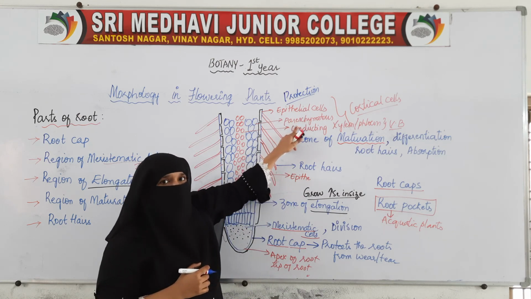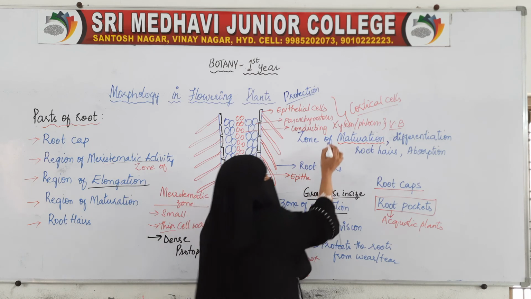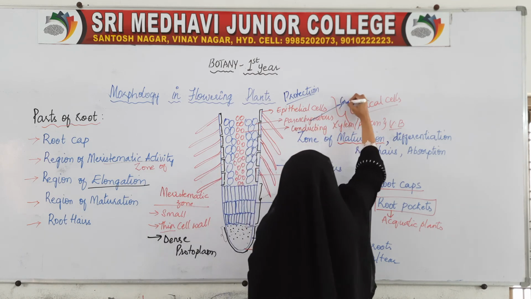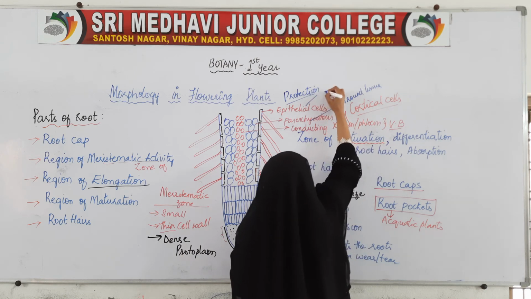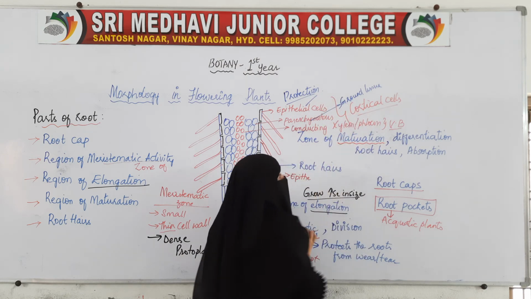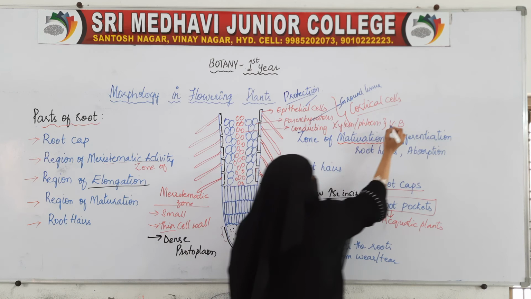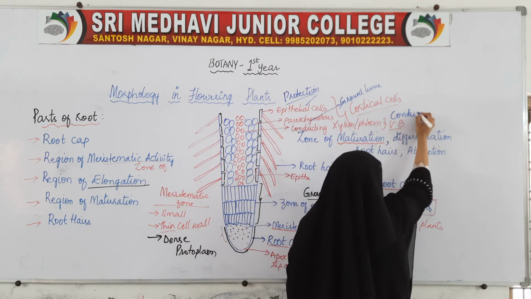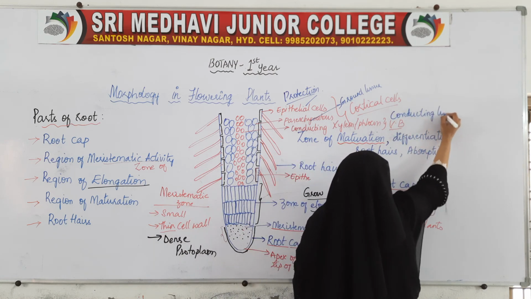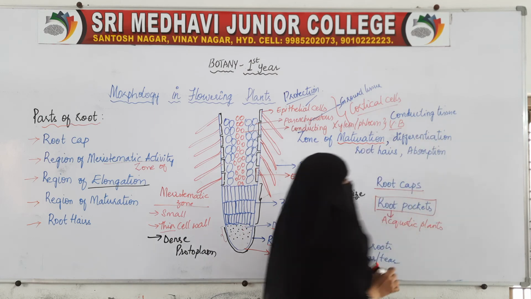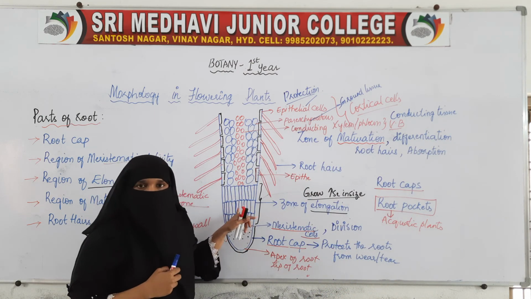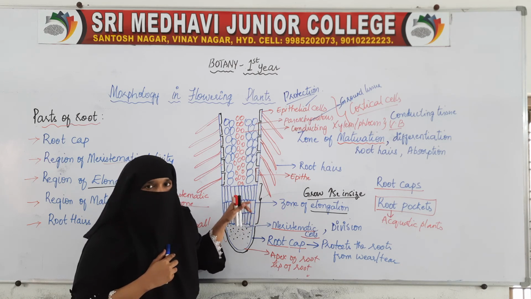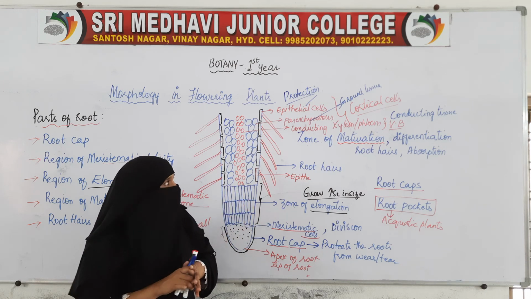The parenchymatous cells and the xylem and phloem form the ground tissue. This forms the epithelial tissue, this forms the ground tissue, this forms the conducting tissue. Xylem and phloem form the conducting tissue. When the cells have been elongated, after elongation the cell will undergo differentiation.